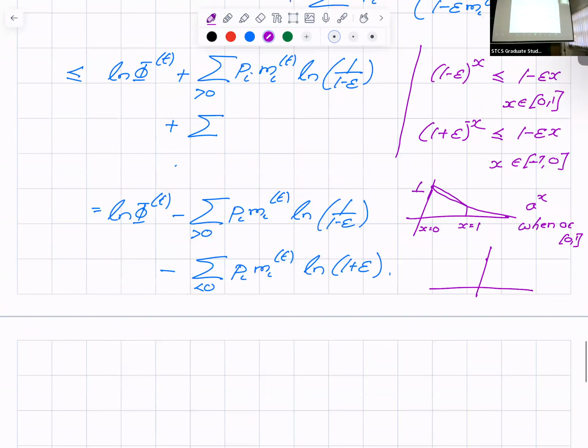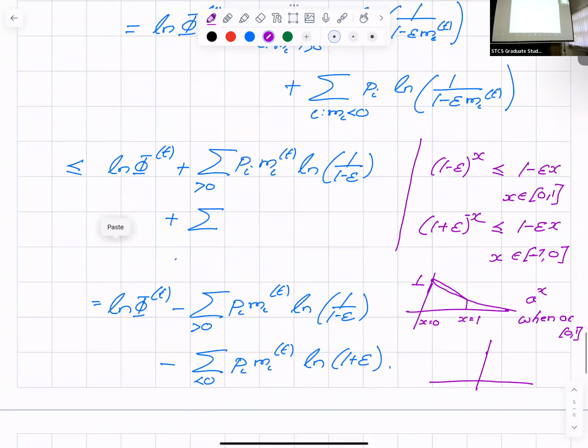Let's find out what we want in the inequality, and then what I want to write is the following. I want to write some connection less than 0, pi mit ln 1 plus epsilon.